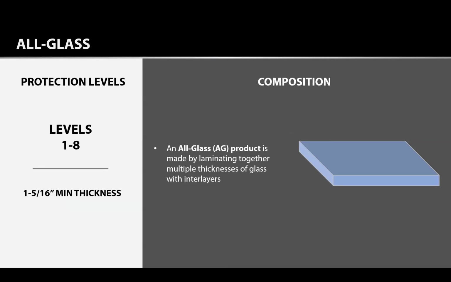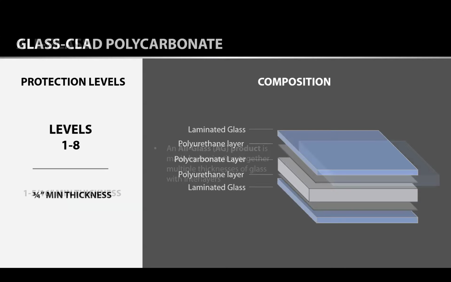All right. A lot of pros and cons utilizing glass versus acrylic or polycarbonate solutions. But when you start looking at the all glass protection, this is where you can get your highest levels of ballistic protection. This is where you can get forced entry protection. And in some cases, yes, bomb blast as well. But when you need all 4 of the security threats to be protected, you're protecting your building, you will utilize what's called a glass clad polycarbonate.